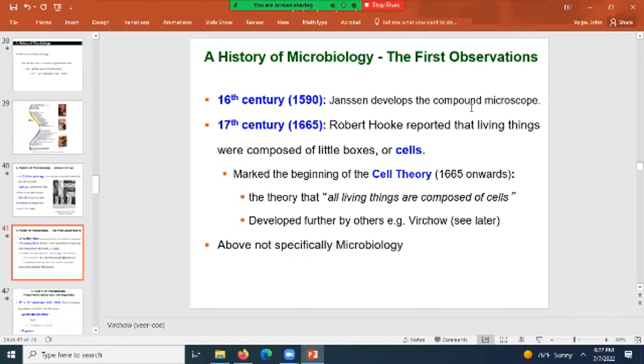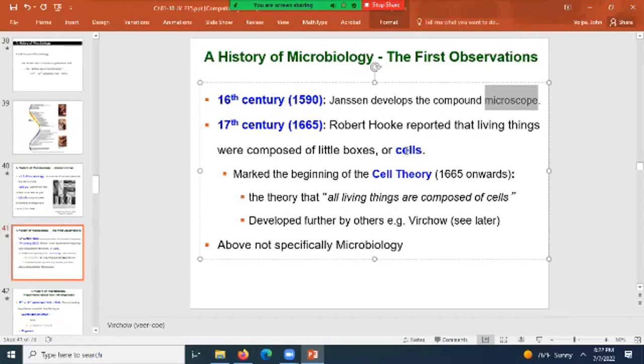It was very primitive and didn't work very well, but in 1590, the first microscope was made. This was actually before microbiology began, but we had to have the invention of the microscope before microbiology could begin, because you can't see a microbe without a microscope.